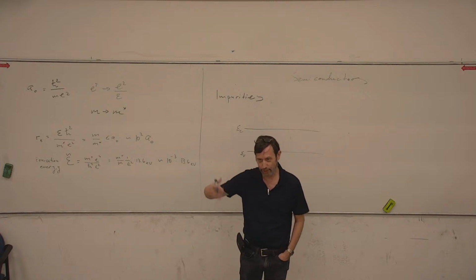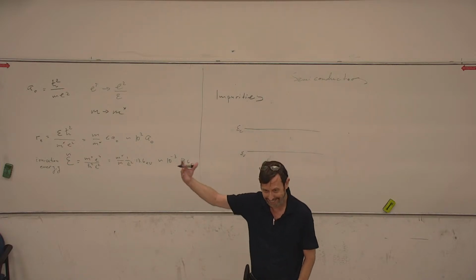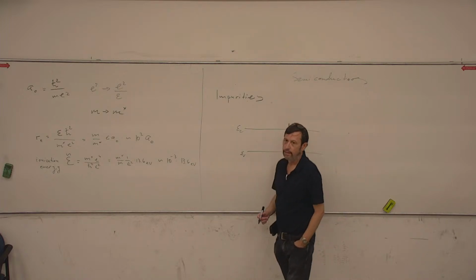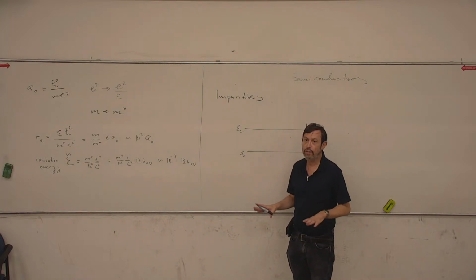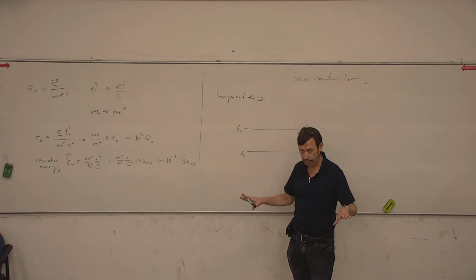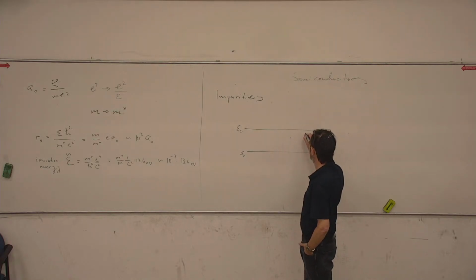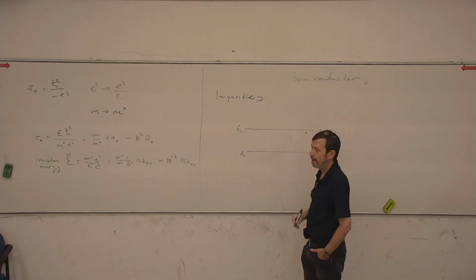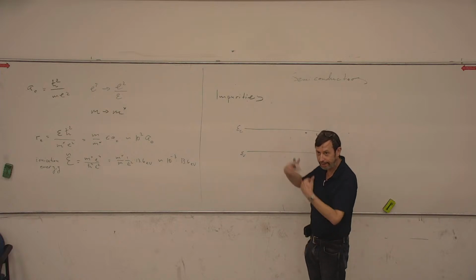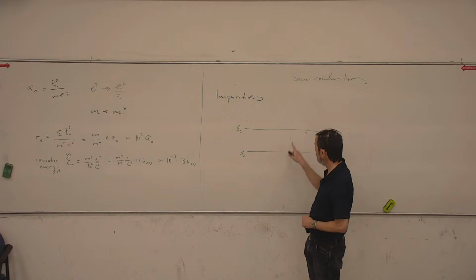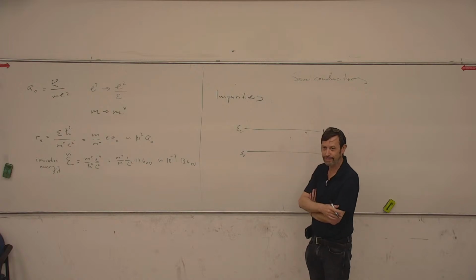It has an additional electron to donate to the system. This impurity exists somewhere in the system. So I have some state about 0.1 electron volt lower, and I have an electron tied to it.